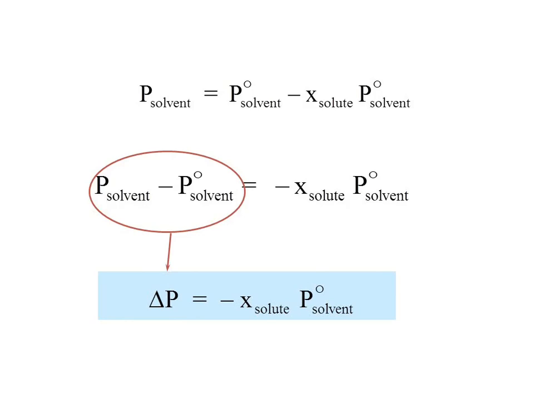Delta P, the change in vapor pressure. It's always vapor pressure lowering when you add some solute to a solvent. So delta P is the pressure of the solvent in solution minus the pressure of the solvent in its pure state, which is equal to negative the mole fraction of the solute, too many S's, times the pressure of the solvent in its pure state.